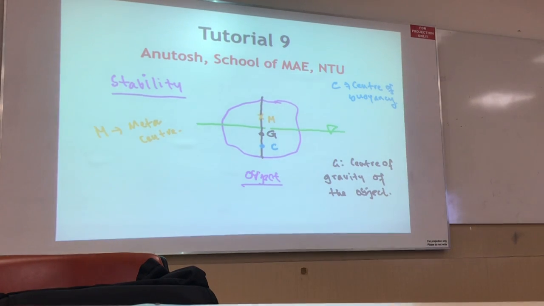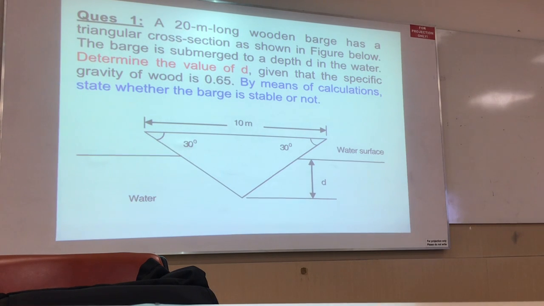So now the question is: 20 meter long. 20 meter long is this direction, the Z direction. A 20 meter long wooden barrage has a triangular cross section. So this indicates the triangle cross section.